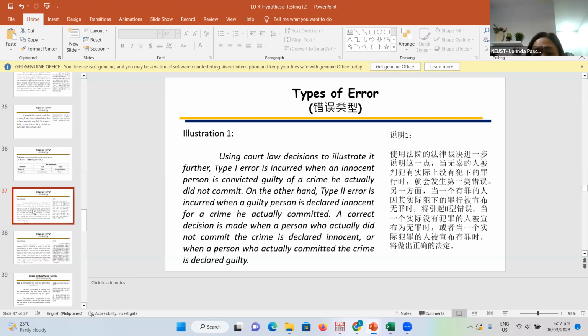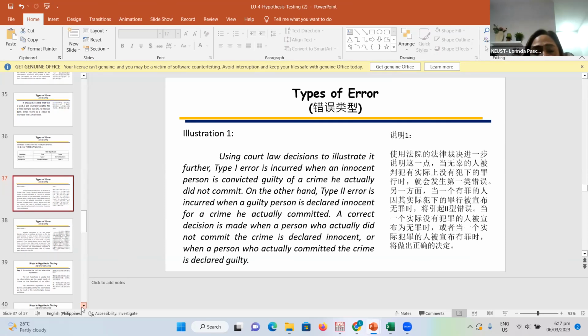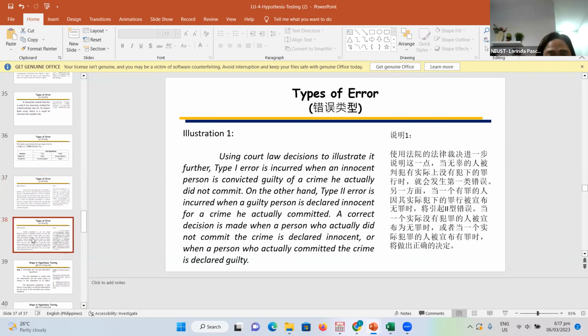So a correct decision is made when a person who actually did not commit the crime is declared innocent, or when a person who actually committed the crime is declared guilty. O yun lang yung ibig sabihin ng type 1 tsaka ng type 2 error in actual decision making, which is in the court or court law.